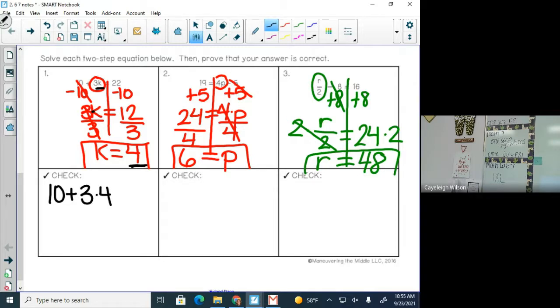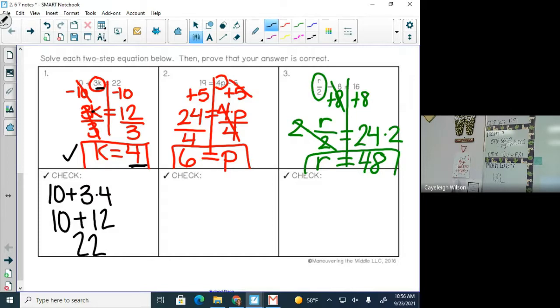Okay, so I'm plugging it back in to check it. So I just plug it back in for the variable. Well, order of operations says I multiply first, so what's 3 times 4? 12. And what's 12 plus 10? 22. Is that what it should have been? Yes, so that is my right answer. I know 100% that's the right answer.